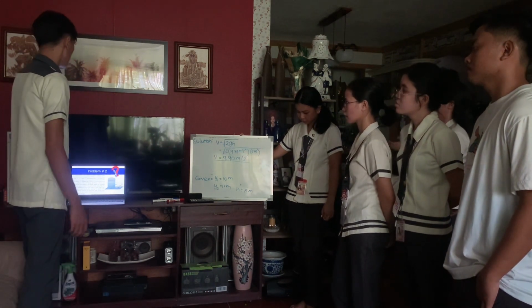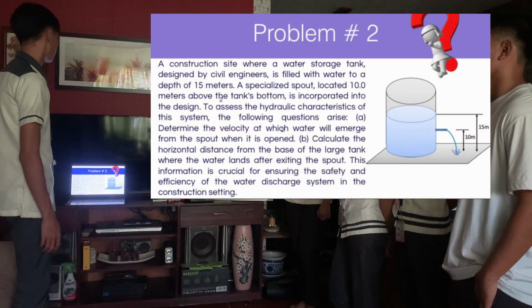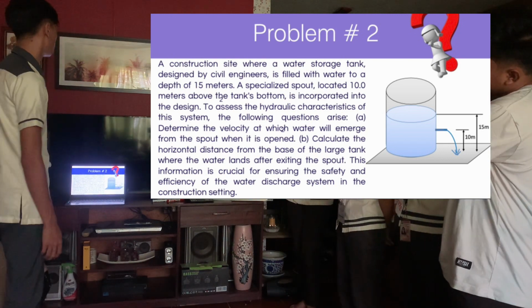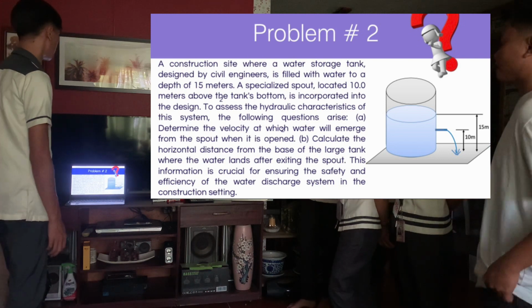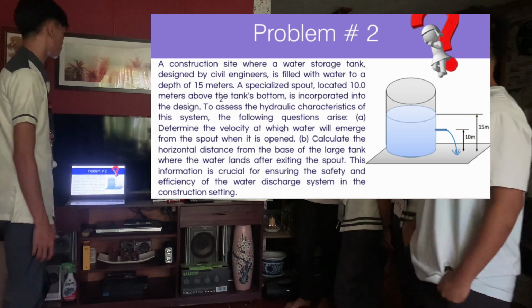So, continuing Ms. Sabinay's solving, next we will have to calculate the horizontal distance from the base of the large tank where the water lands after exiting the spout. This information is crucial for ensuring the safety and efficiency of the water discharge system in the construction setting.